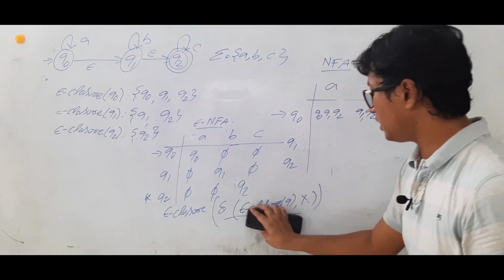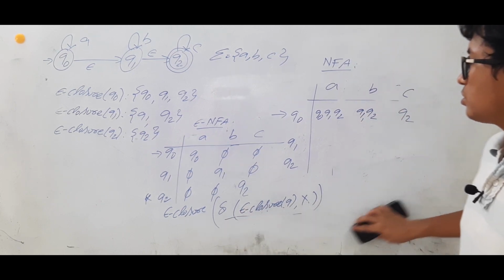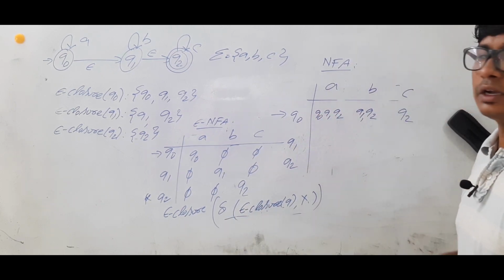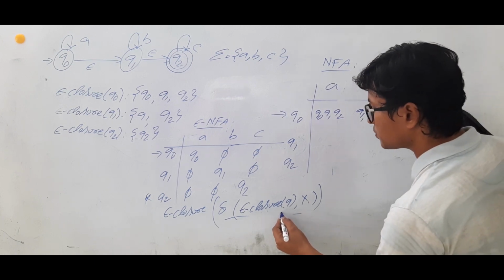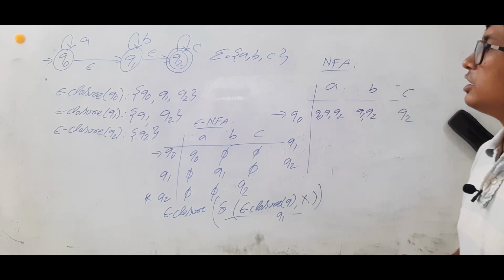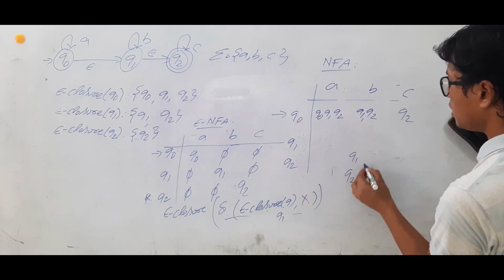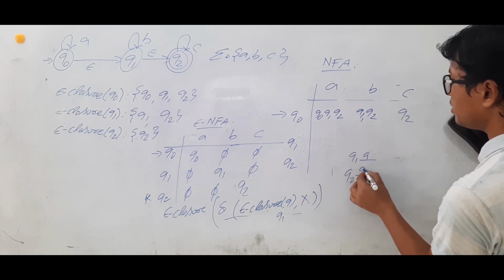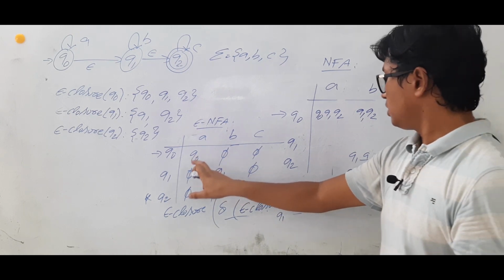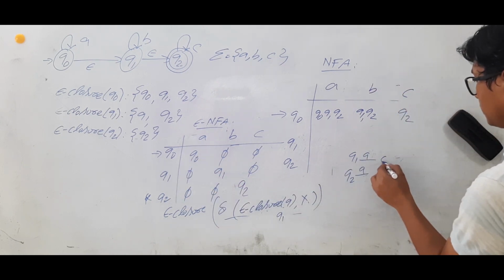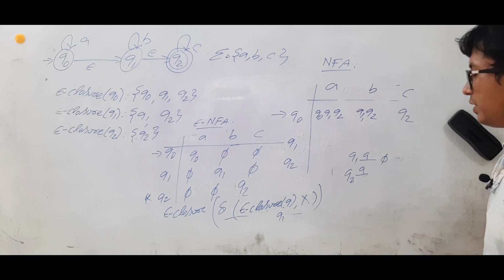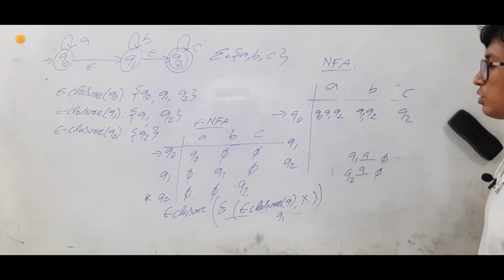Now, we will calculate Q1 on A. First, I need to calculate epsilon closure of Q1. What is the epsilon closure of Q1? It is Q1, Q2. Now, Q1, Q2 on A, where is it going, you need to check. Q1 on A is going nowhere, Q2 on A is also not going anywhere.